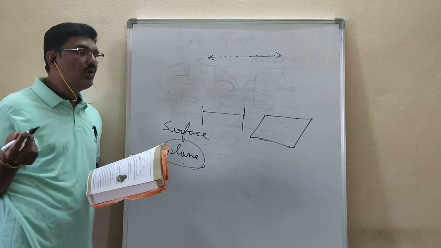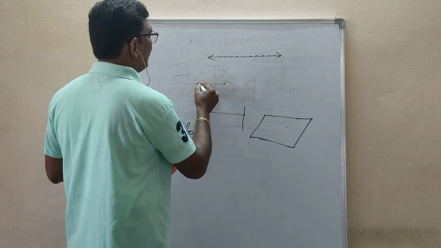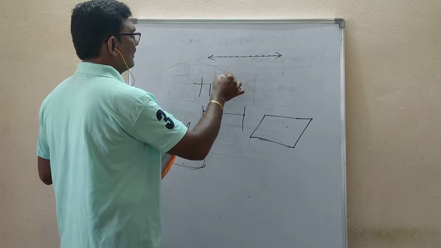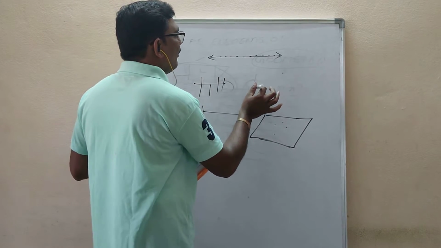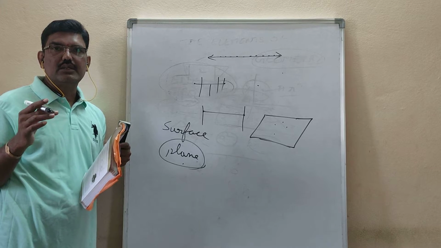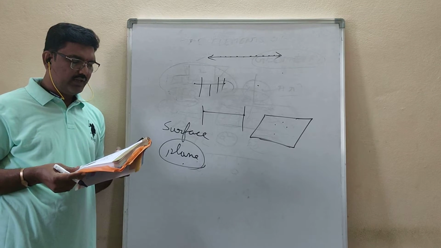A point has no part. If I take from here to here, I can divide this line segment into some parts. But if you take a point, a point can't be divided into any parts. You can't divide a point.